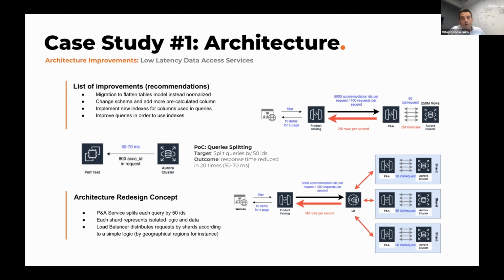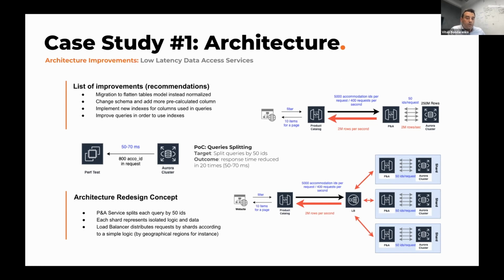There were also some changes to the flattened table. We added more pre-calculated columns. We created indexes on those columns, because in the relational database world it's a good approach to create indexes on columns. And we also improved queries. We changed the way we sort data and filter data inside the text of the queries.